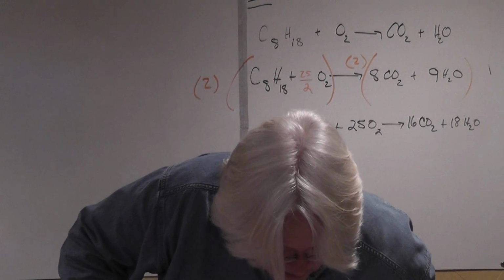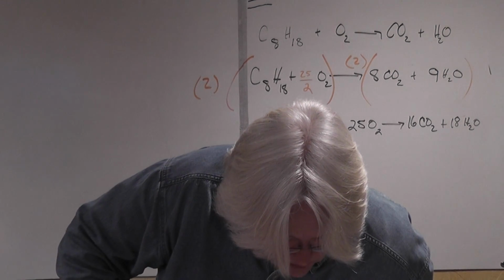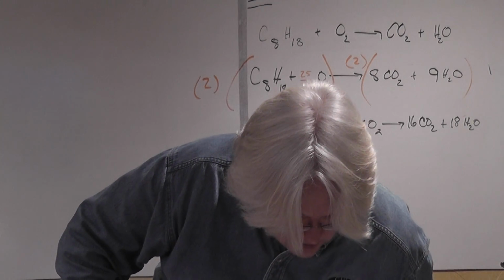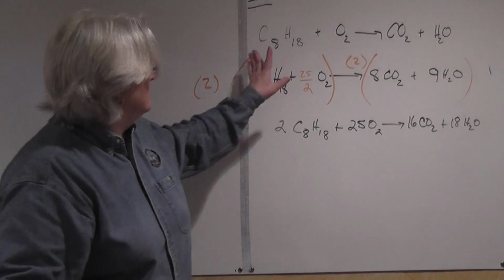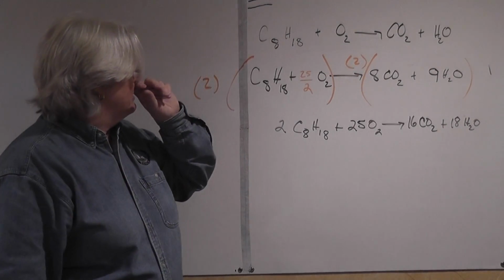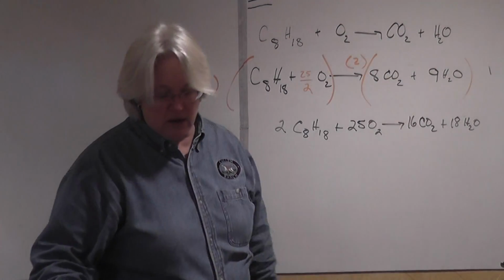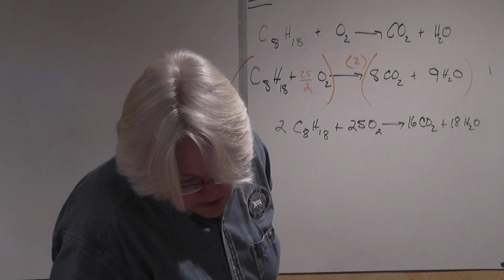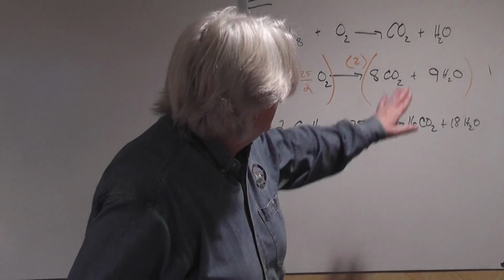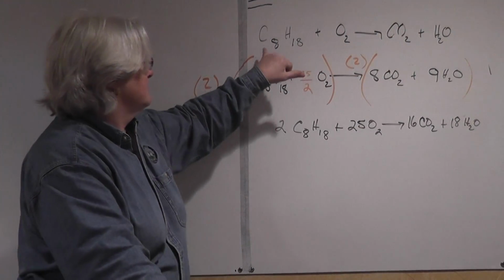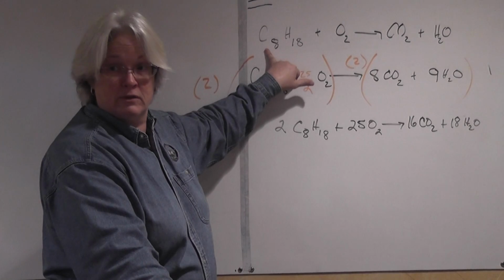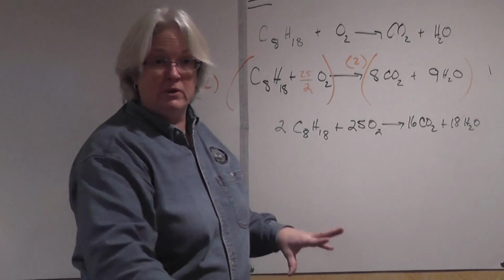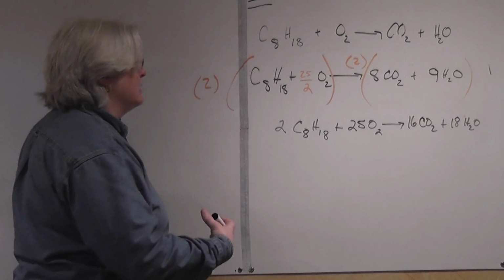This says, if an automobile completely combusts 12 liters of gaseous octane and excess oxygen, how much carbon dioxide and water will be formed? Okay, we're going to combust 12 liters. How much carbon dioxide? Gaseous octane, gaseous oxygen, gaseous carbon dioxide. They're all three gases.